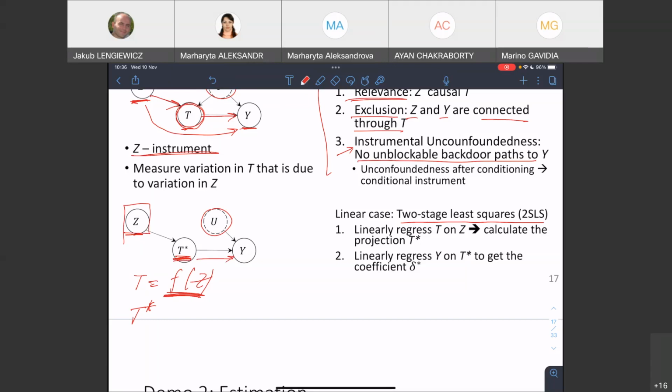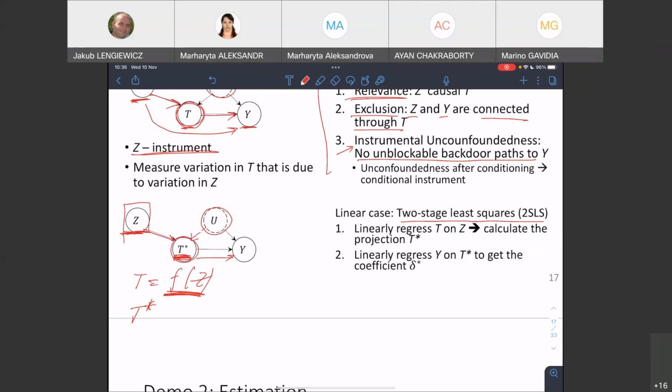And why? Because essentially, when we are doing this prediction of the new values t star, we'll be using only the variable z. That is, there will be no connection between the variable u and the variable t star. For calculating t star, we used only z. And this will allow us to estimate the true causal relationship.